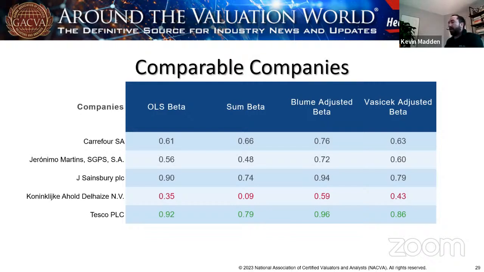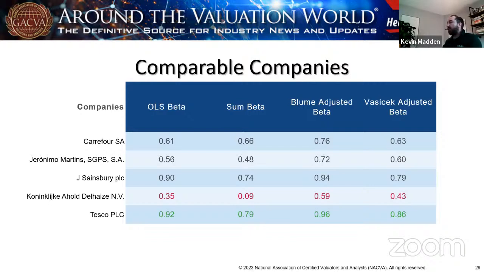The concept is that larger companies tend to react, at least in part, more quickly to market movements versus smaller companies. You could think of the example of Apple. It's got hundreds and hundreds of equity analysts, versus Fred's software and hardware shop, much smaller, similar industry, but their news and their movements aren't going to be as quickly responded to in the market. So the sum beta is going to be more appropriate when looking at smaller companies.